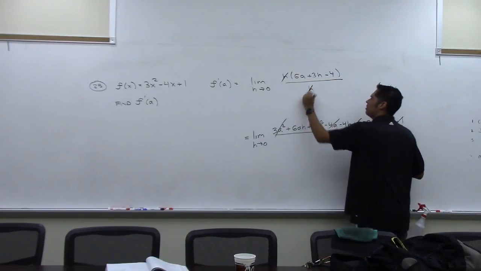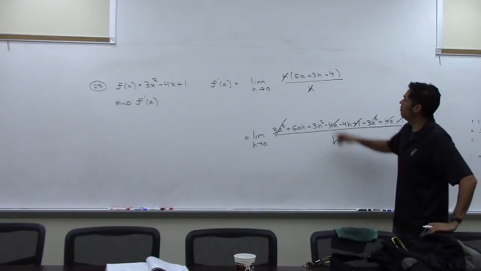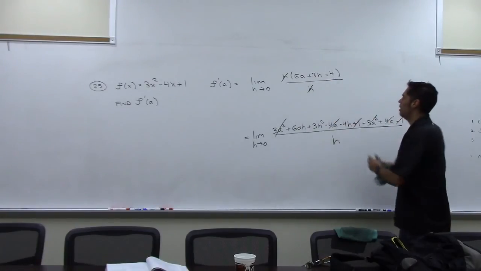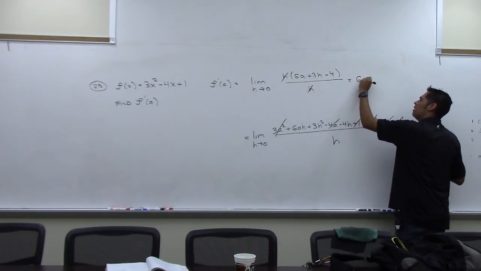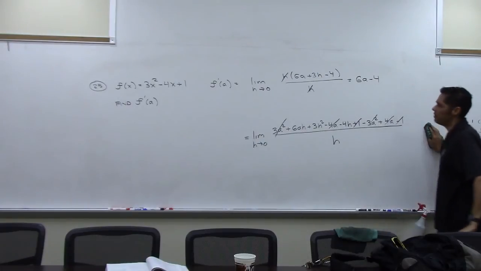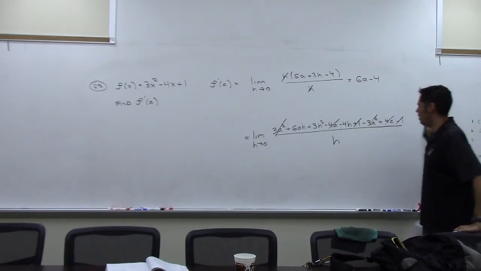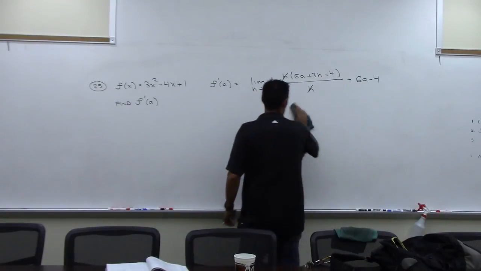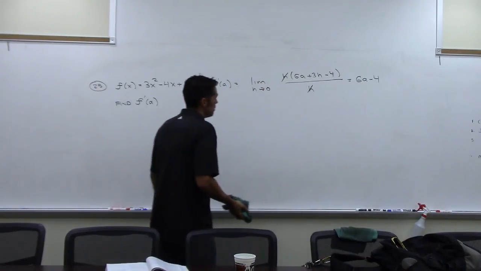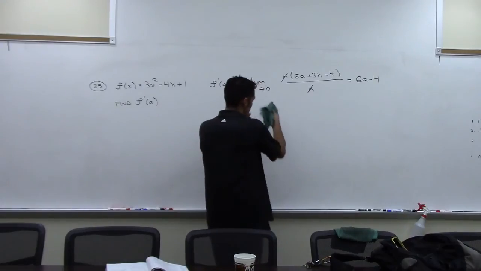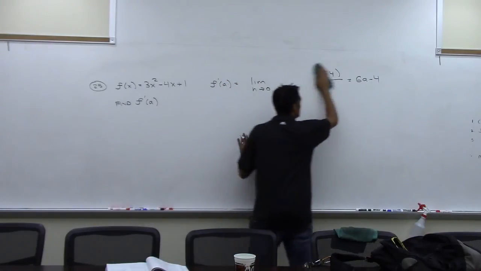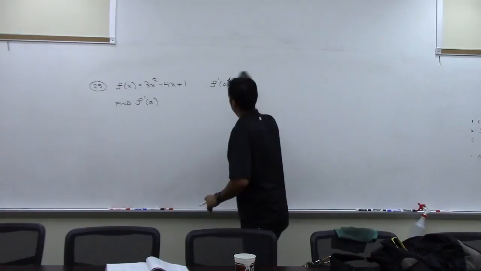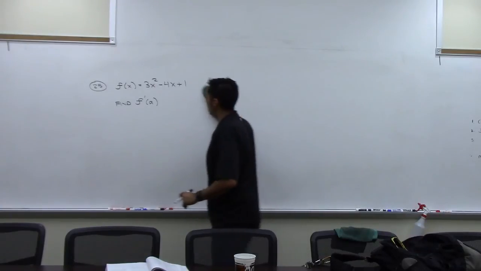The h's cancel, and now when you let h go to 0, that goes away, and you're left with 6a minus 4. Same answer. I like that way a little better. And actually, this is probably going to be the way that we do most of our limits from here on out. We'll focus a lot more on this formula. All right. Next problem.